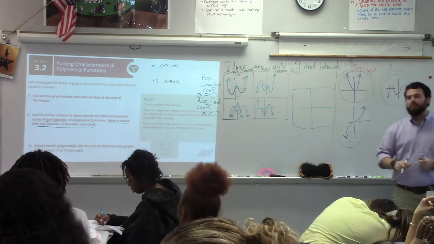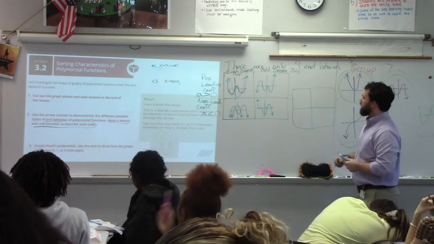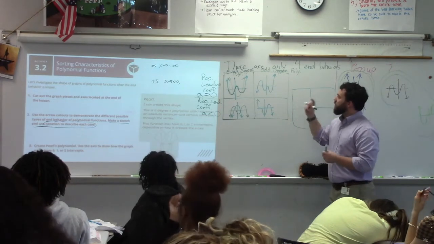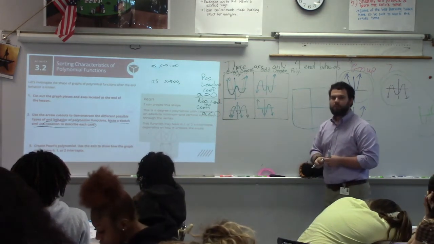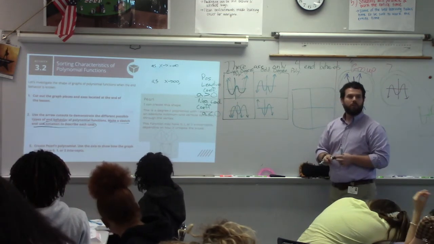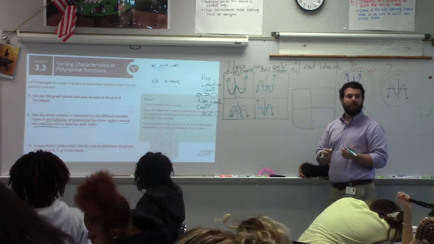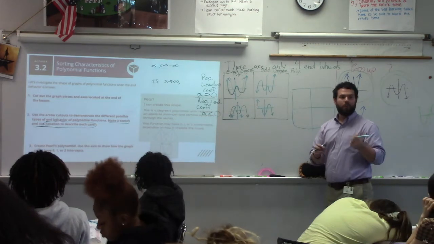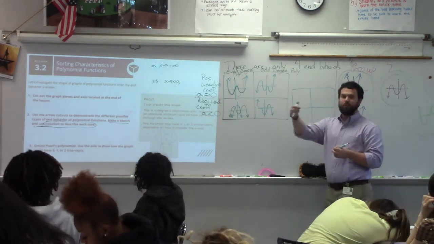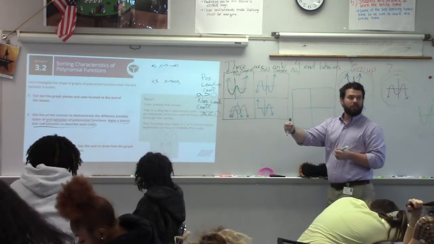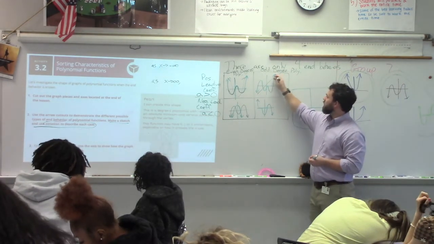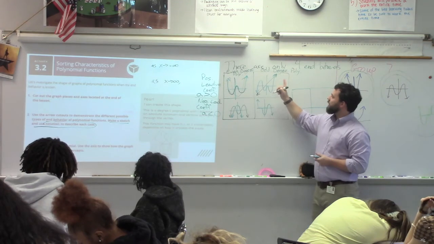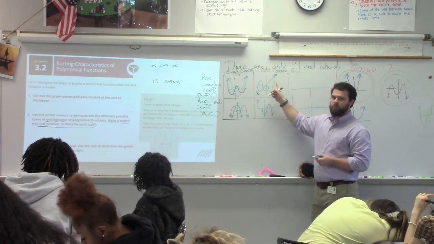Now look at the odd degree. Does anyone know the most basic odd degree polynomial that we could picture it as? Y equals x and y equals negative x. It's not even a cubic, but y equals x, that's x to the first. That's odd degree. That would just be a line. That line has what type of slope? Positive.